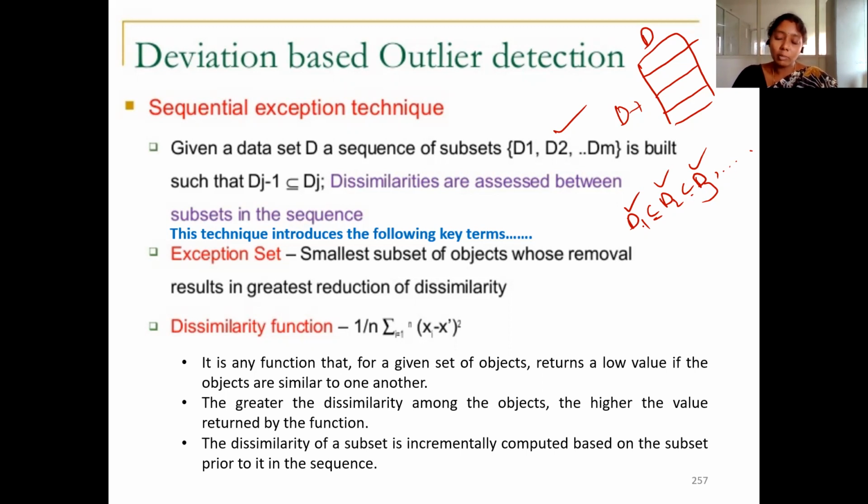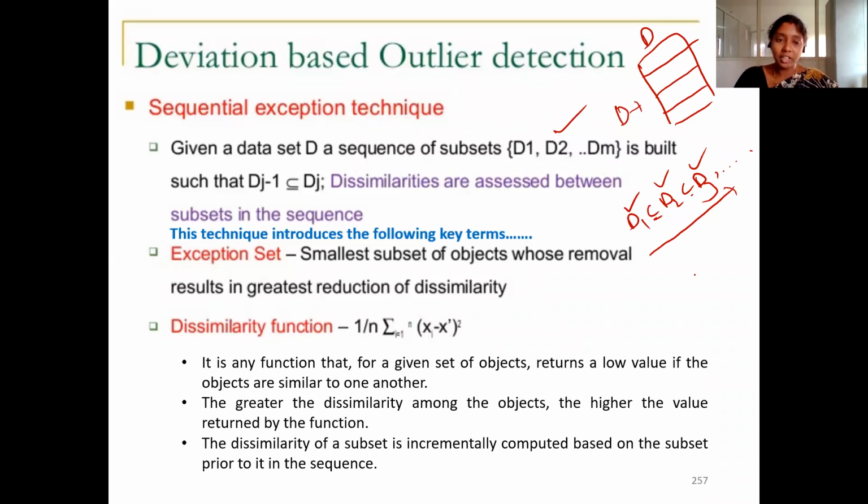Similarly, D3 consists of all elements in D2 along with some extra elements. Like this. So here, the dissimilarities are assessed between the subsets in the sequence.